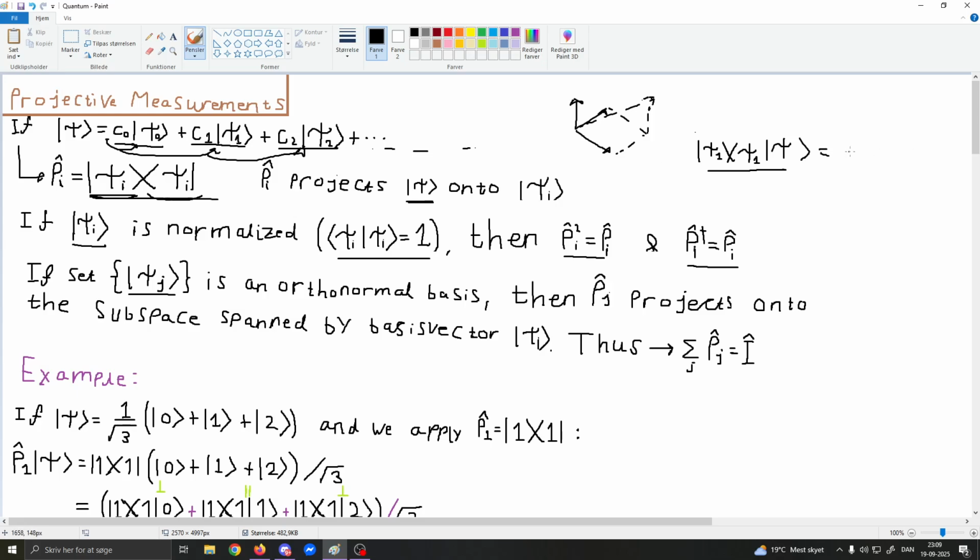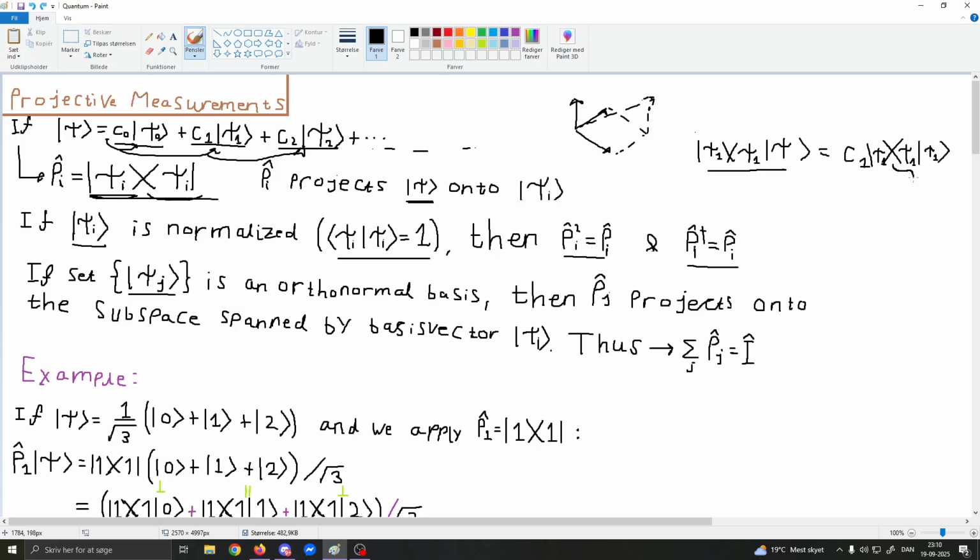What will happen is that we like specifically pick out the state psi1, and we get this inner product. It says psi1 right here.